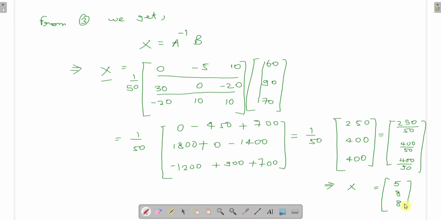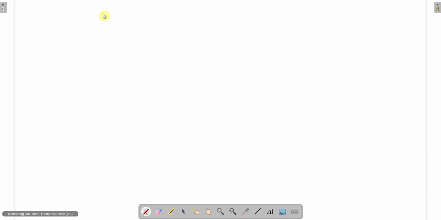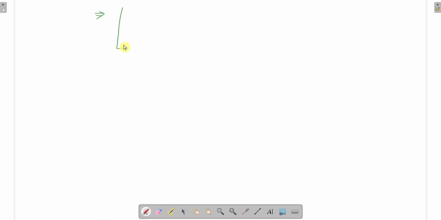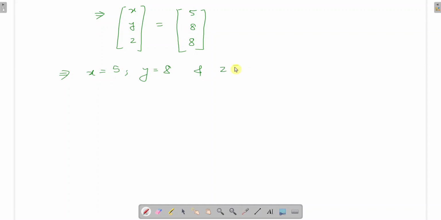So X is equal to column matrix 5, 8, 8. Capital X is nothing but column matrix x, y, z. So column matrix x, y, z is equal to 5, 8, 8. So that means x is 5, y is 8, and z is 8.